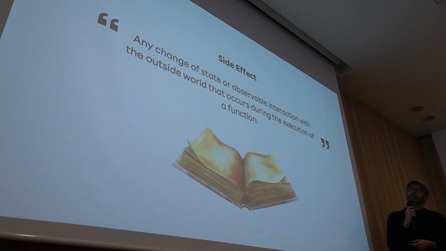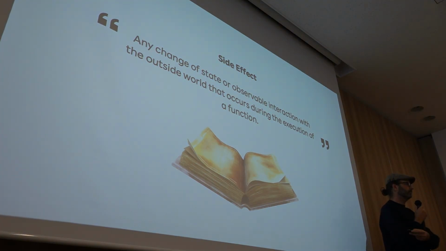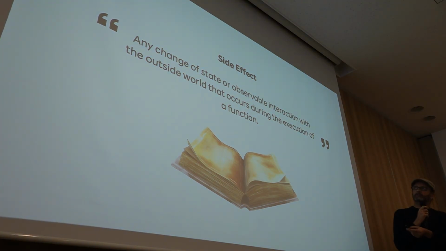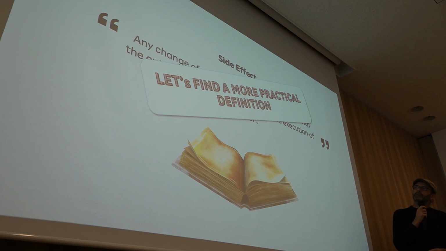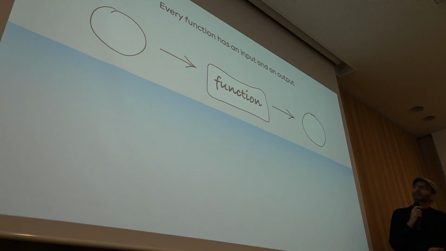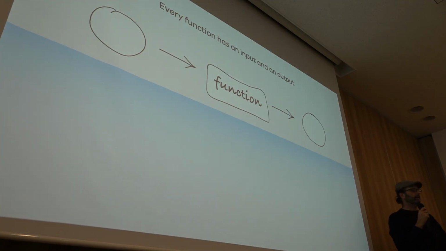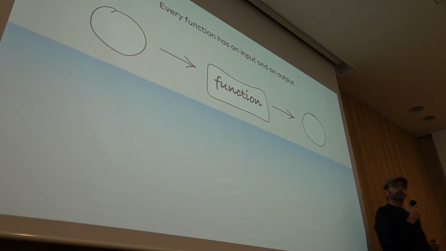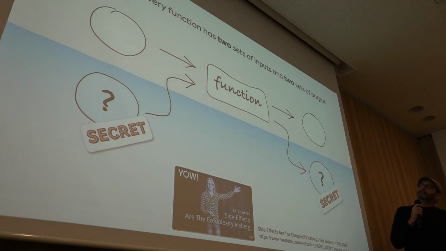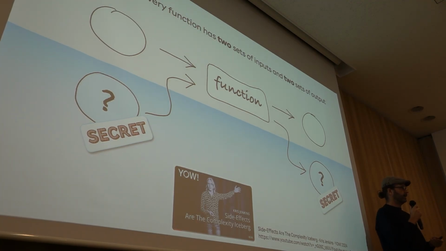So let's look at the definition of side effect. This is what we can find on Wikipedia. It's kind of an official definition, but maybe we need something a bit more practical that we can use every day. A function is something that takes an input and returns an output. But in reality, every function actually has two sets of inputs and two sets of outputs.